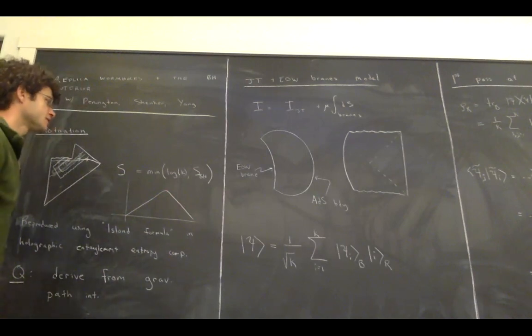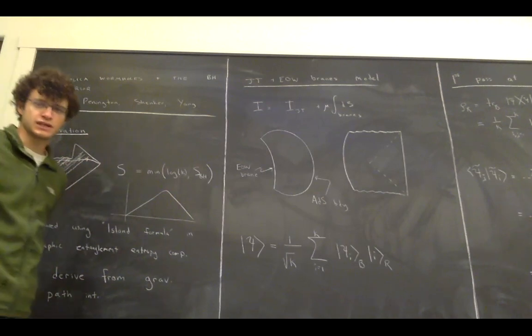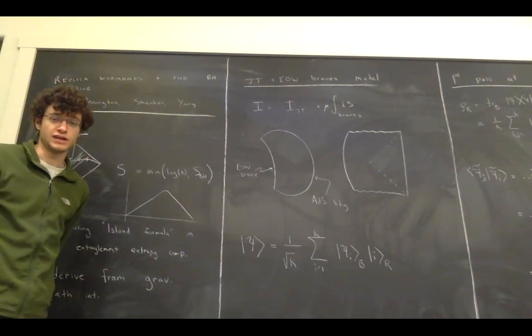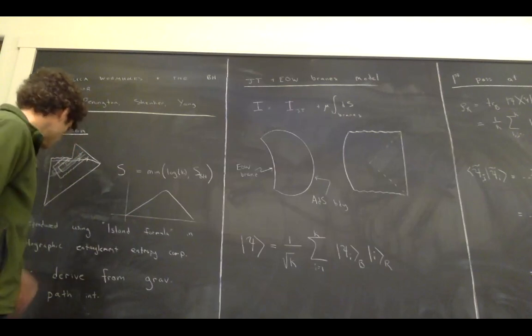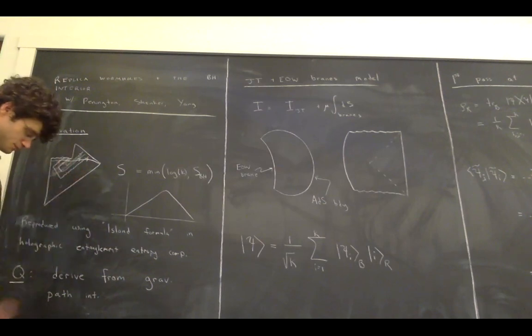Okay, and it was a mystery how to reproduce this formula from the perspective of bulk physics for a long time. This spring, it was shown how to reproduce this Page curve formula using the island conjecture, or island formula, which is a rule that was proposed for the computation of holographic entanglement entropy, like a rule that you should use when applying the Ryu-Takayanagi formula to this situation.